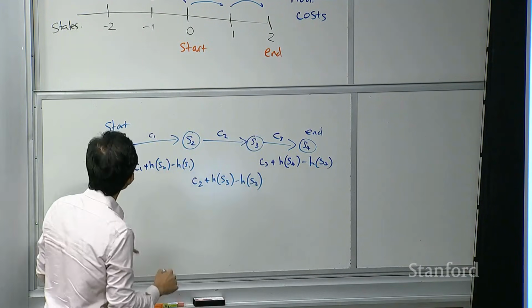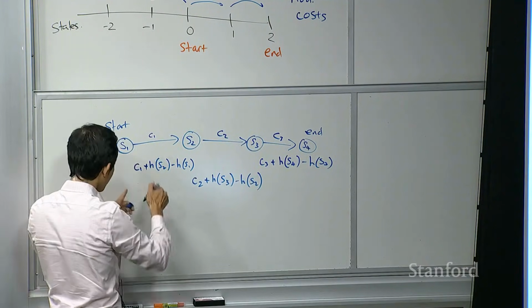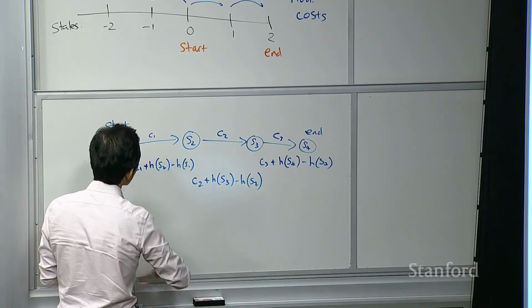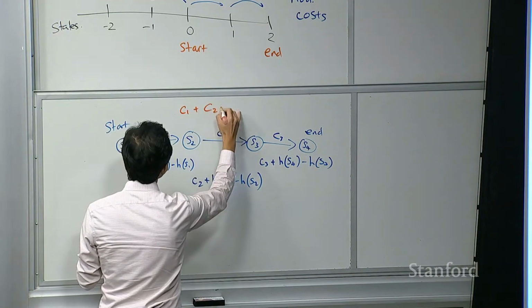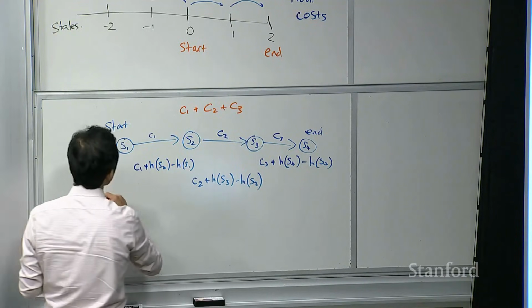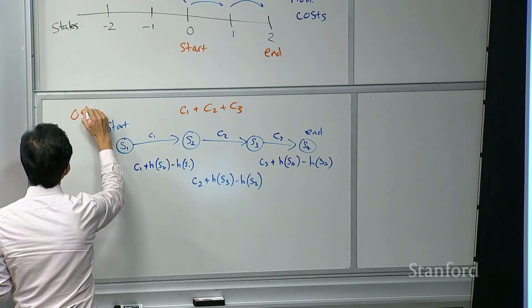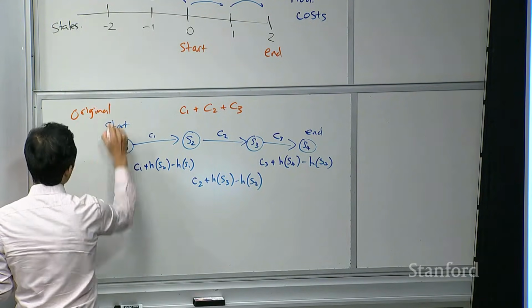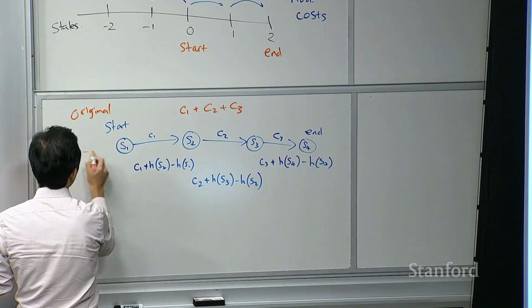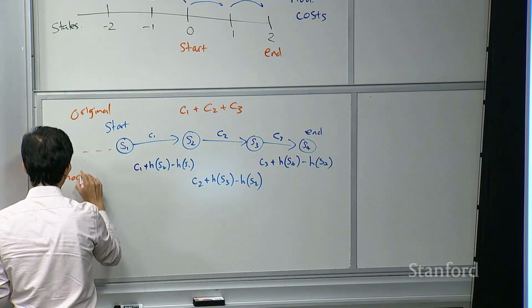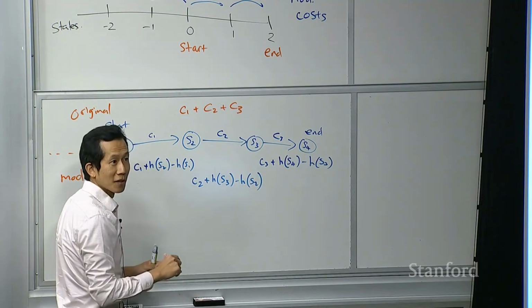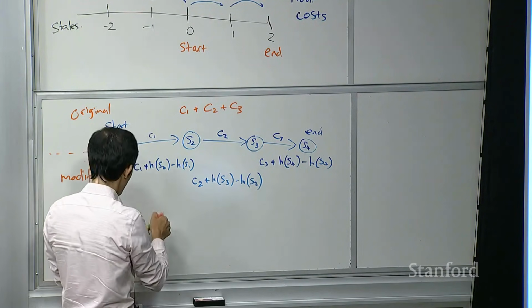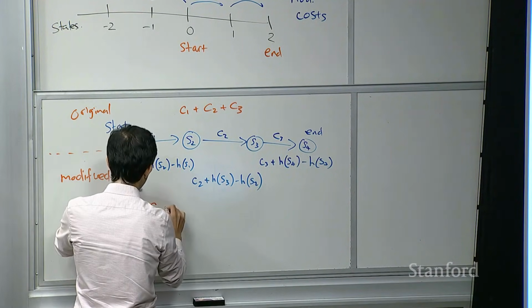If you look at the original cost, it's just C1 plus C2 plus C3. And then if you look at the modified, if you add these up, what do you get? You get C1.